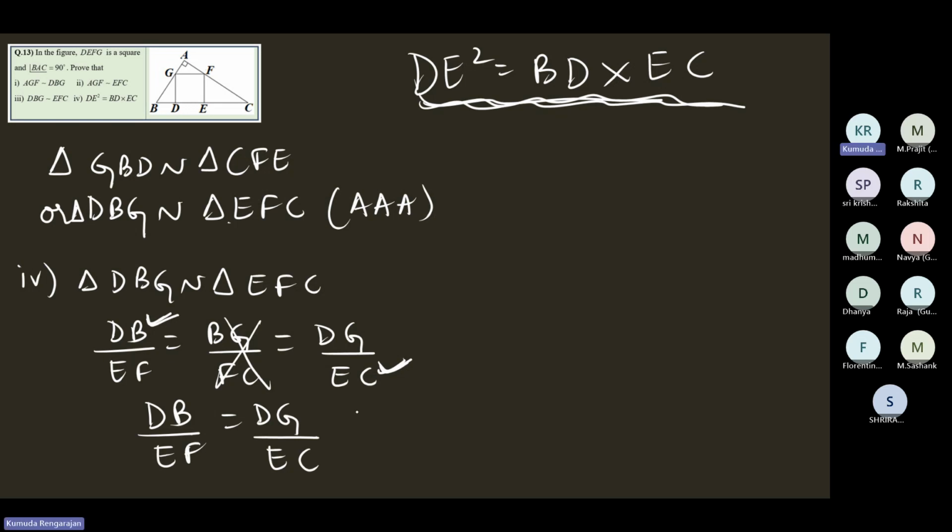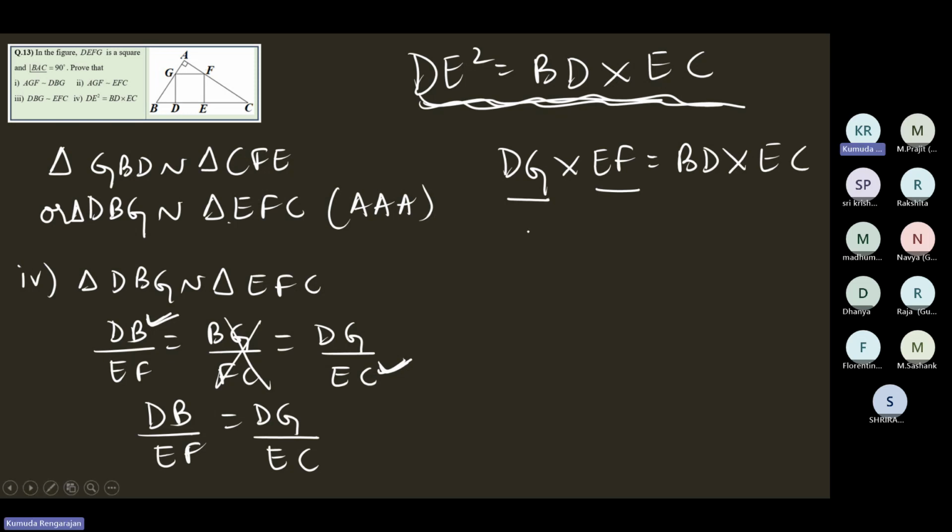All right, now cross multiply. When you cross multiply, you get DG into EF is equal to BD into EC. Now, in the result we have DE square. We know that DG and EF, look at the figure, they are the sides of the square.